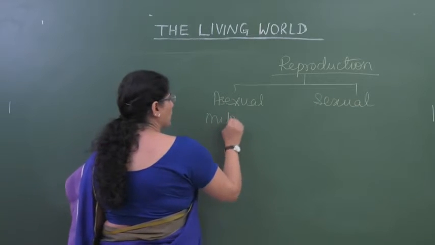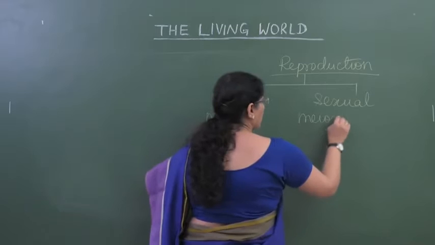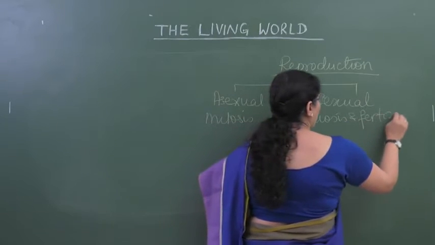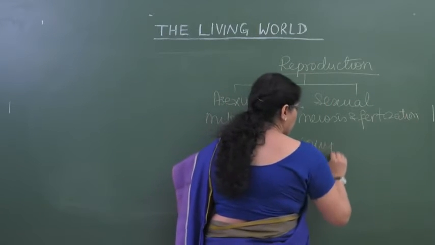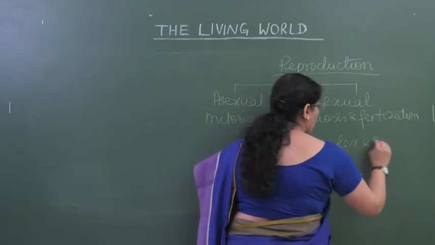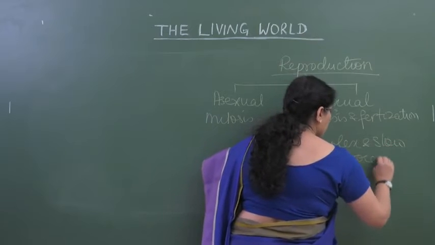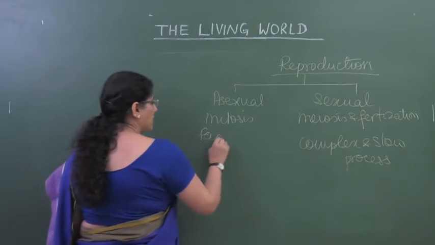Asexual reproduction uses mitosis. In sexual, there is meiosis and fertilization. This is a complex and slow process, whereas this is a faster method.